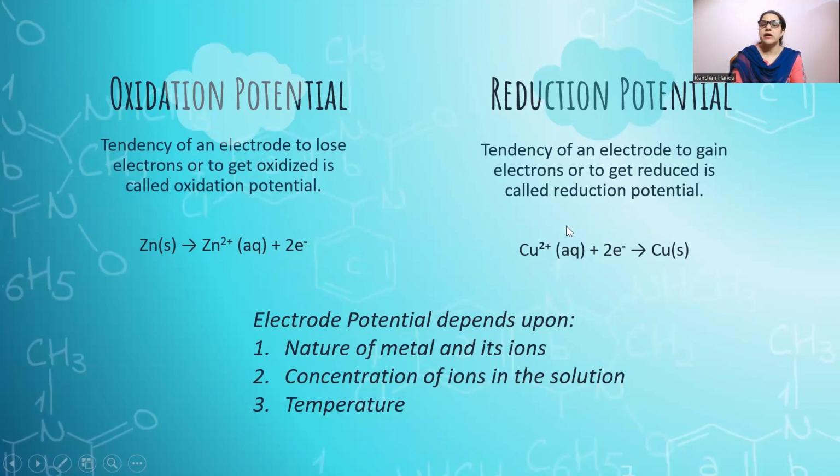And here is the equation for the same. Electrode potential depends upon, first, nature of metal and its ions, second, concentration of ions in the solution, and third, temperature.